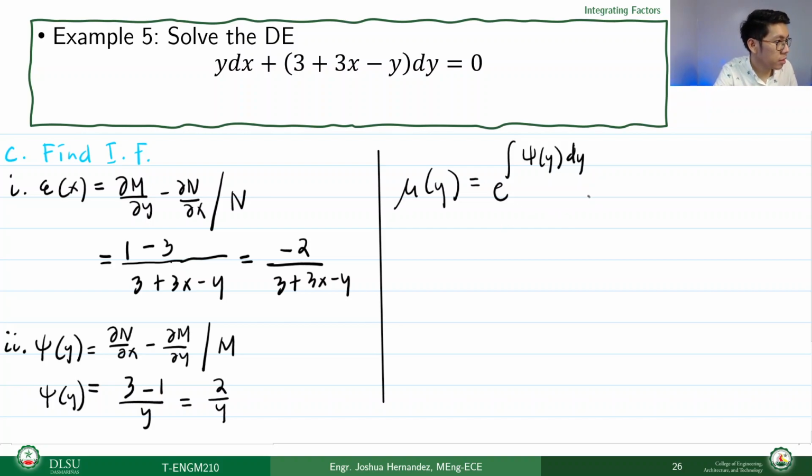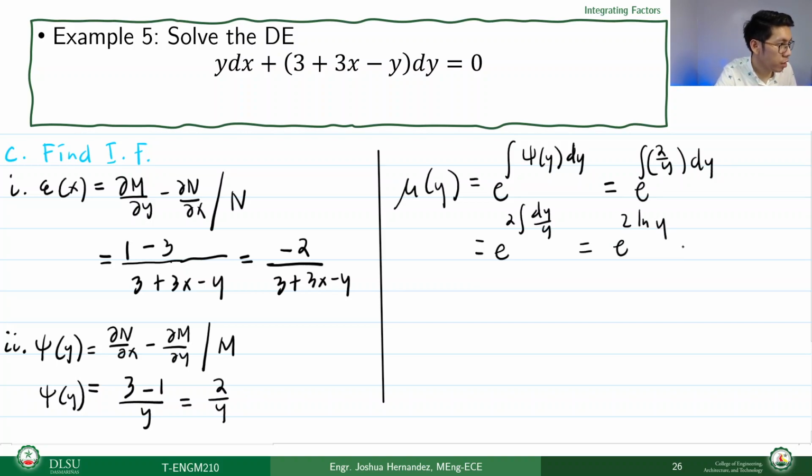So, psi of y, as we know it, is 2 over y. So, e raised to the integral of 2 over y dy. This gives us what? Factoring out 2, e raised to the integral of dy over y, which is, as we know it, e raised to 2 ln y.